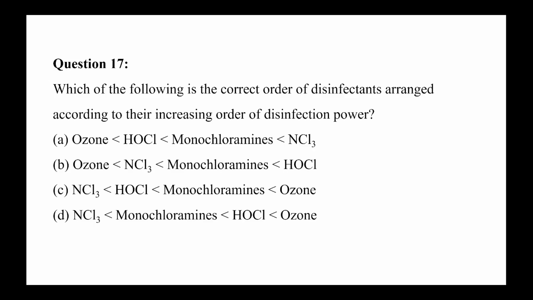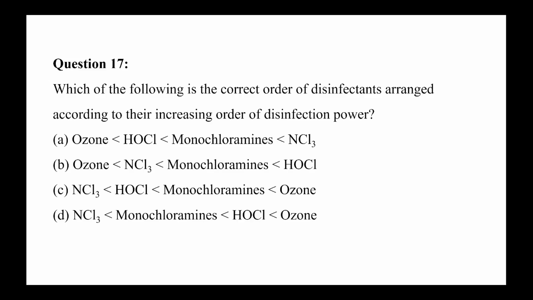Option B is ozone, then NCl3, then monochloramines, and then HOCl. Option C is NCl3, HOCl, monochloramines, and then ozone. And option D is NCl3, then monochloramines, then HOCl, and ozone being the most powerful.